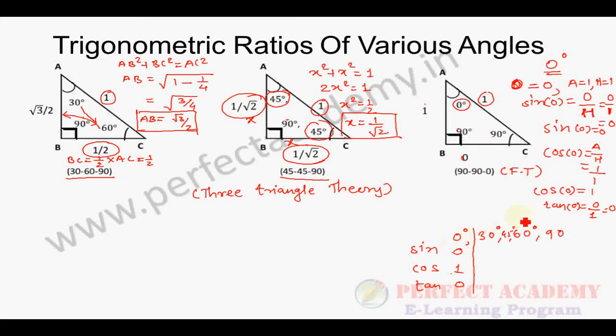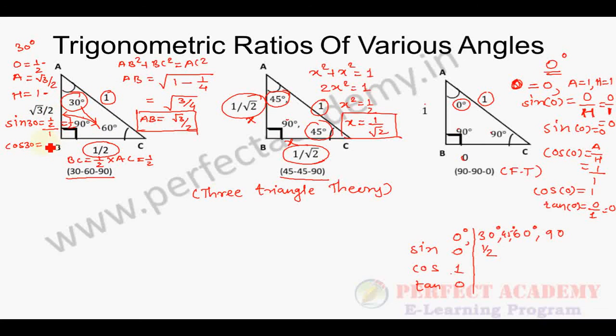Now next, let us say I have to find out 30 degree, so I will concentrate on this triangle. For 30 degree, the opposite side is 1 by 2, the adjacent side is root 3 by 2, and the hypotenuse is as usual 1. Now sine 30 has to be opposite by hypotenuse, that is 1 by 2 by 1, that is nothing but 1 by 2. So sine 30 is 1 by 2. Then we have cos of 30, which of course is adjacent by hypotenuse.